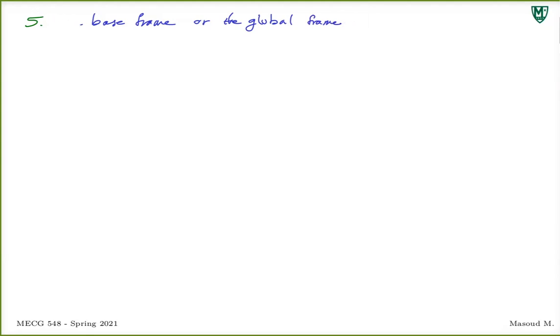I should have put 4 here. For the base frame or the global frame, base frame, they are the same. So base frame, in parentheses, global frame, right?